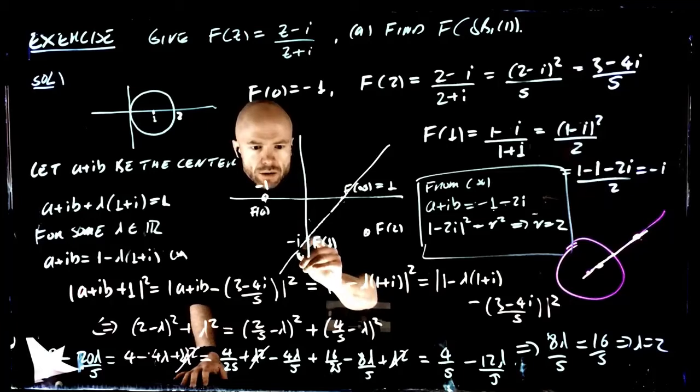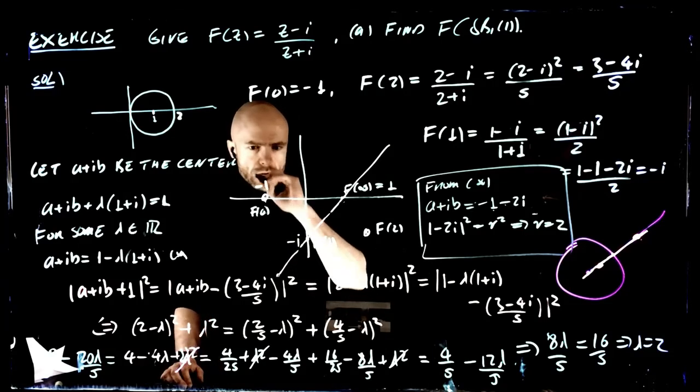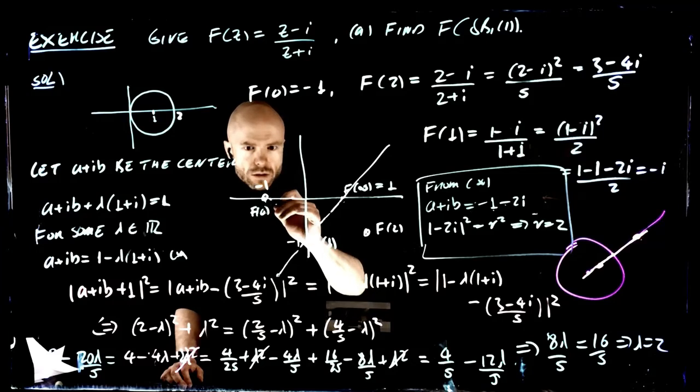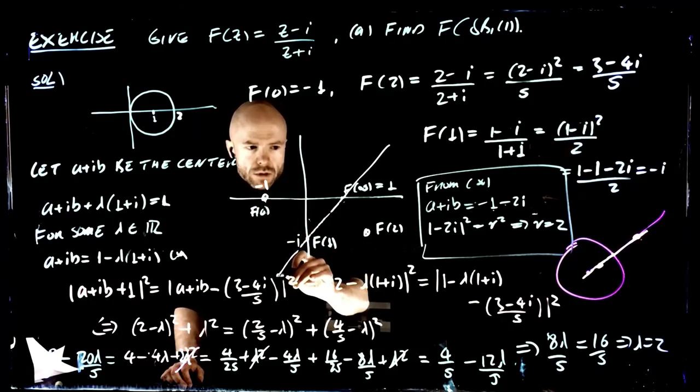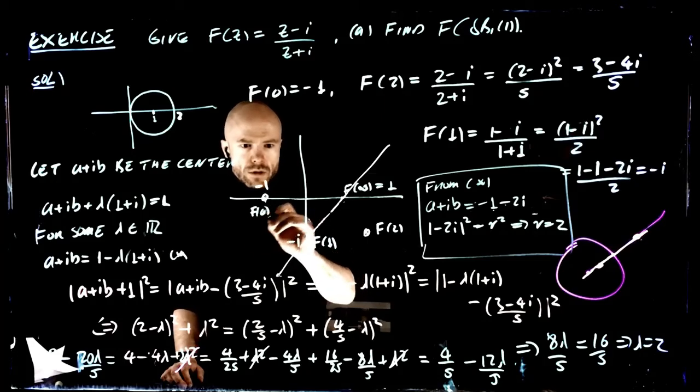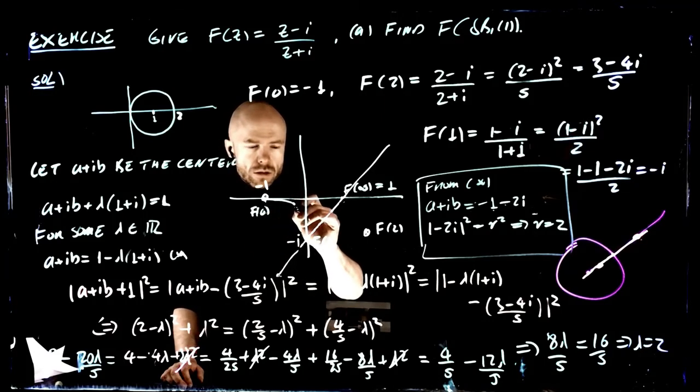Okay, so minus 1 minus 2i is something like this. Minus 1 minus 2i is like this. So if it's got radius 2, then it should go through like this.